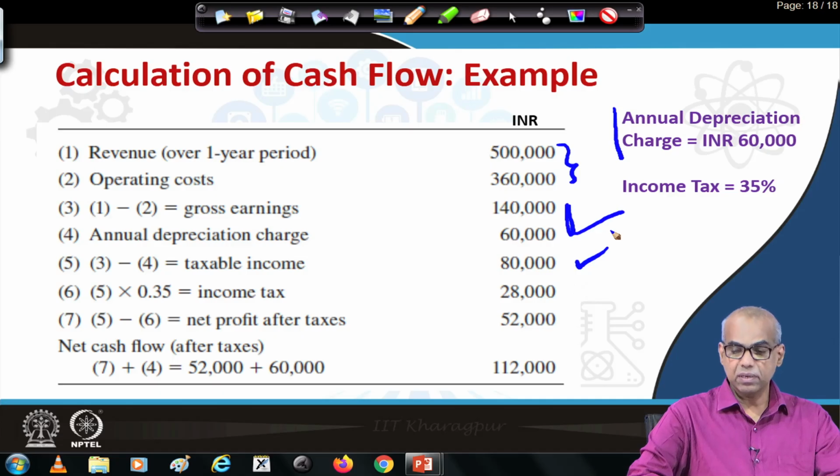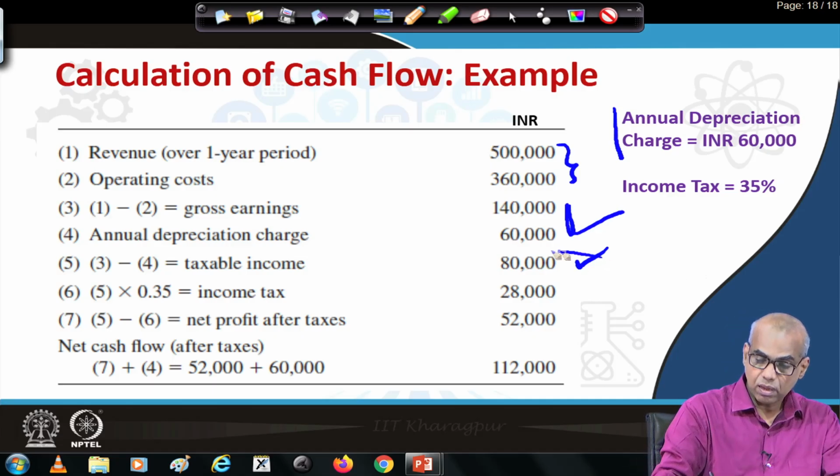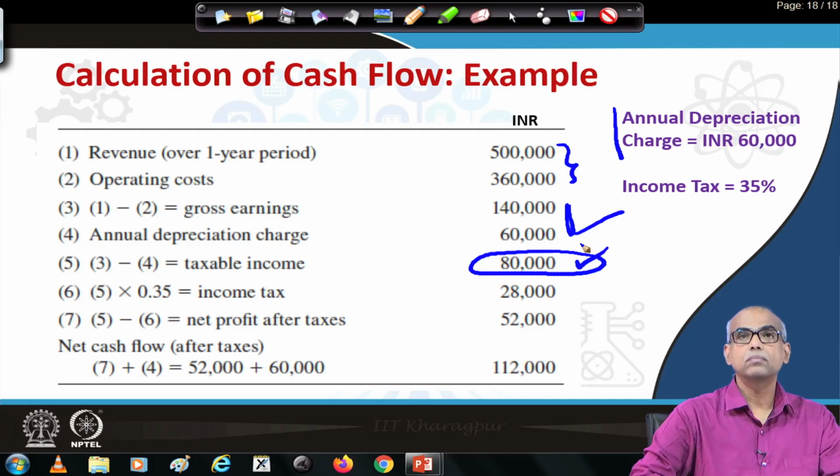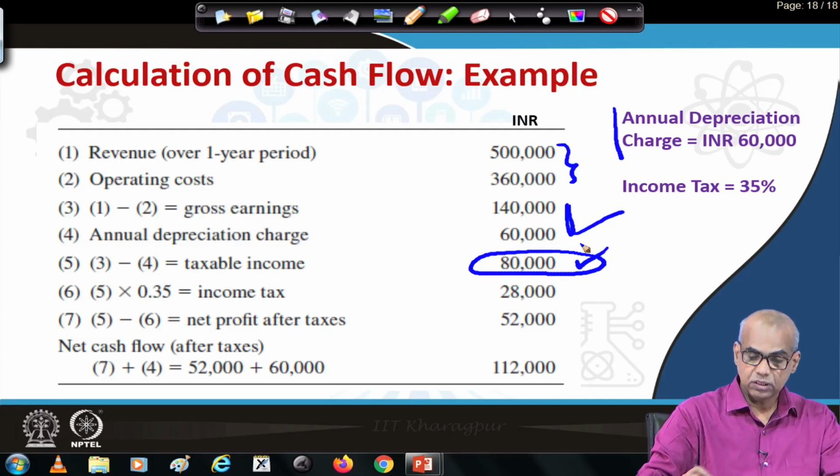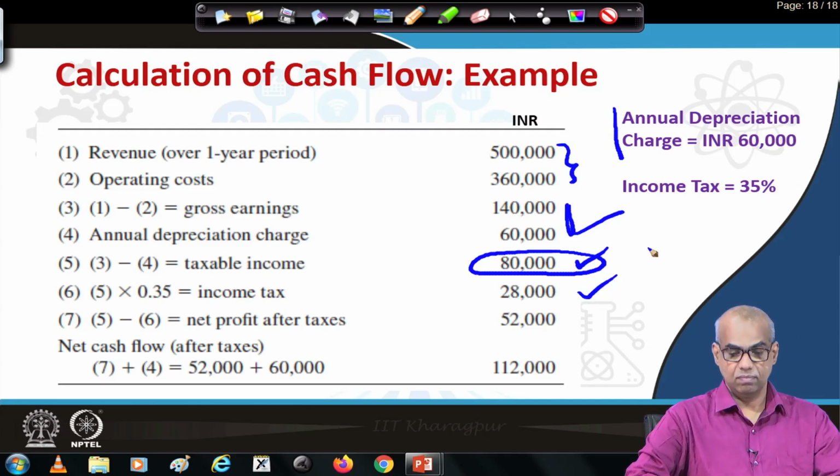So, this is the taxable income. Let us consider income tax is 35%. So, the amount of income tax that the company will pay is 35% of 80,000 rupees, which is 28,000 rupees.